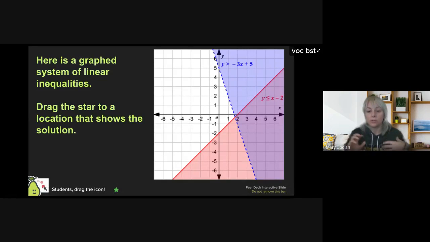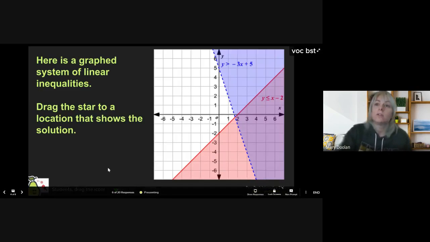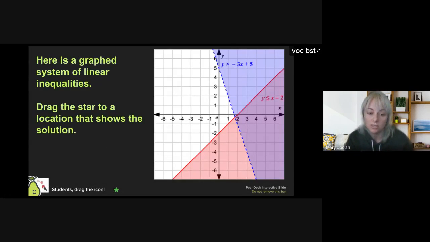What you're going to do is drag your star to anywhere completely within the solution to the system. Your entire star needs to be dragged to a point or an area that represents the solution to the system. Your star cannot be outside the solution.